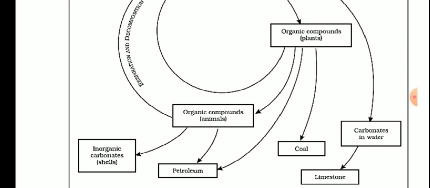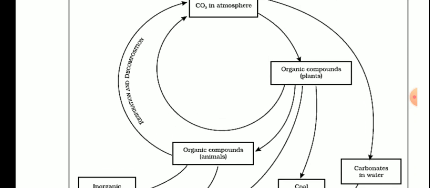So the coal, petroleum and these things reach the soil, also the inorganic carbonates, that is the form of the shells of the organisms. And then in animals, due to respiration and decomposition, carbon again returns back to the atmosphere, and similarly from the plants, the carbon again returns to the atmosphere by the process of decomposition. So this is the carbon cycle for you.